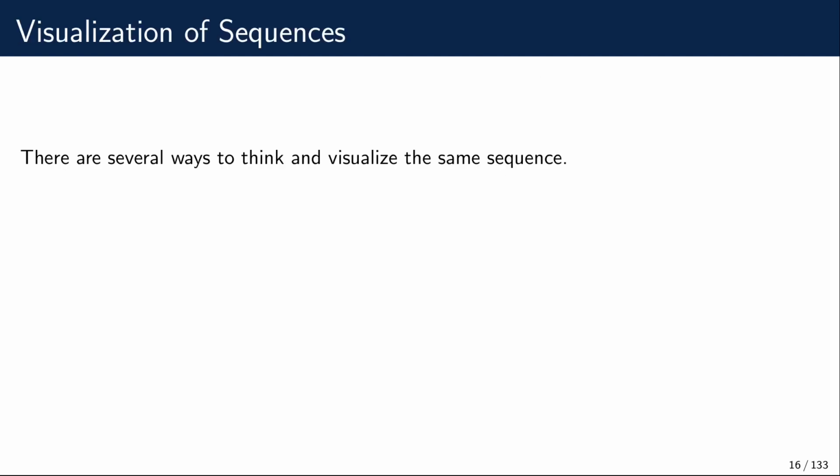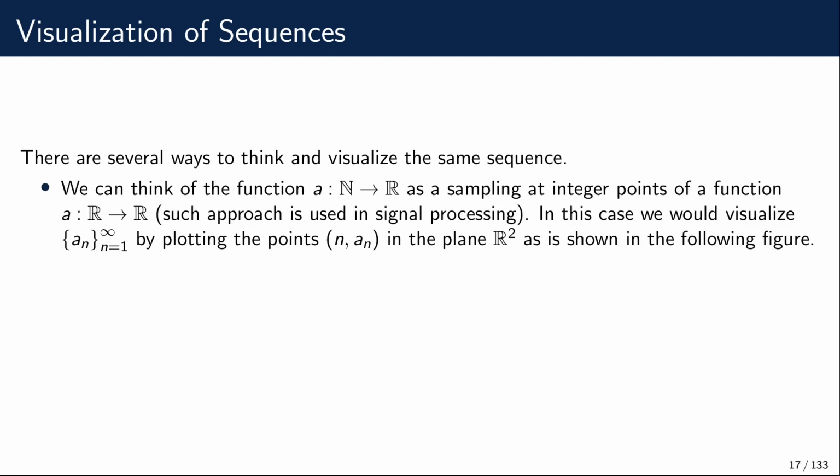Okay, so how would we visualize a sequence if we want to see it visually? Currently, it's something abstract. Of course, we have this way to think of it as a function. And there is a natural way, which we will see, to think of this sequence as a sampling of a continuous function, or a function which is given by a formula.